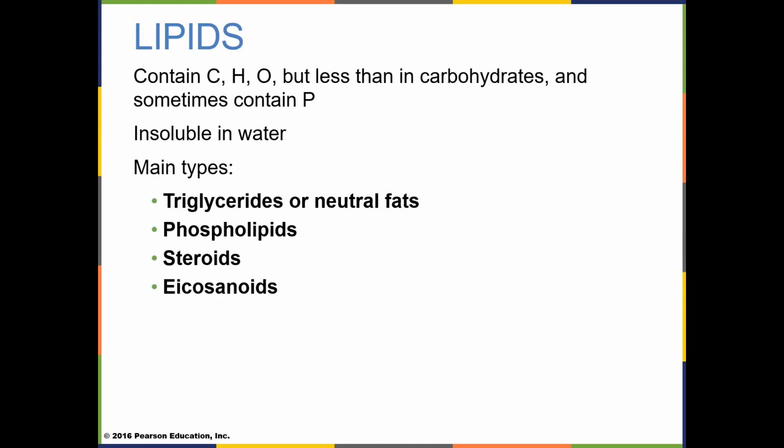That's the stuff that we eat and the stuff that we store in our adipose cells. We have the phospholipids, which are the main component of our cell membrane. And we have steroids, which are used to make hormones.